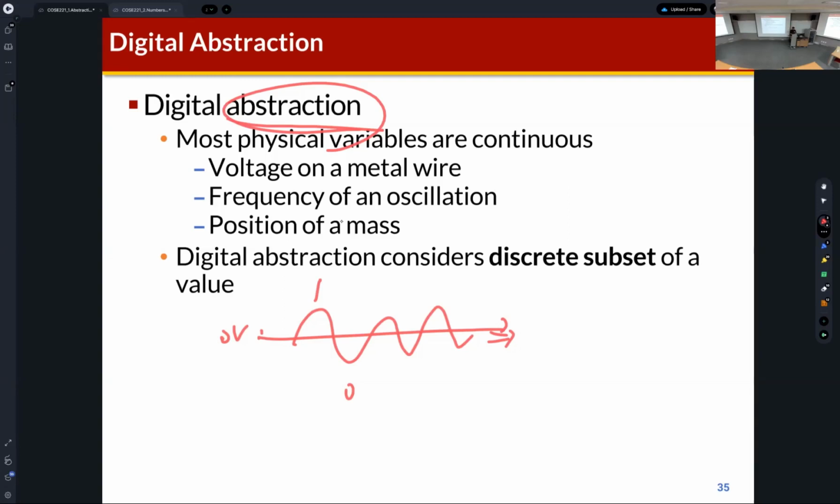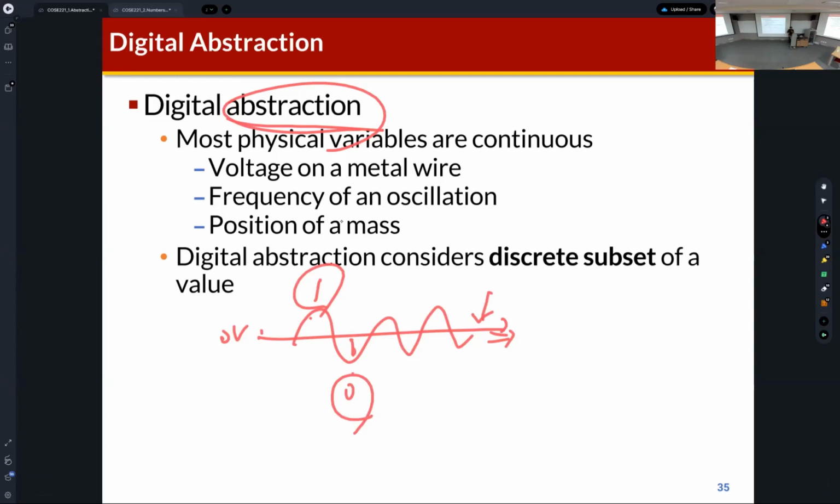We can just set the threshold level of the real signal, and if a certain value is over this threshold level, then we set 1 as a digital signal. If the value is lower than the threshold level, then we set it as 0.